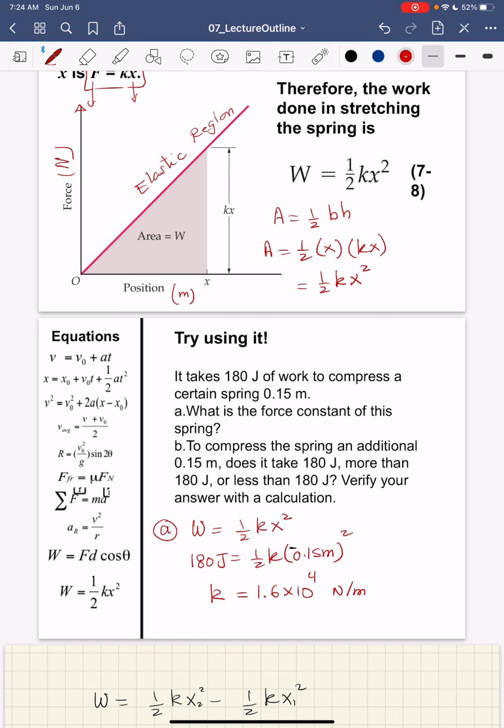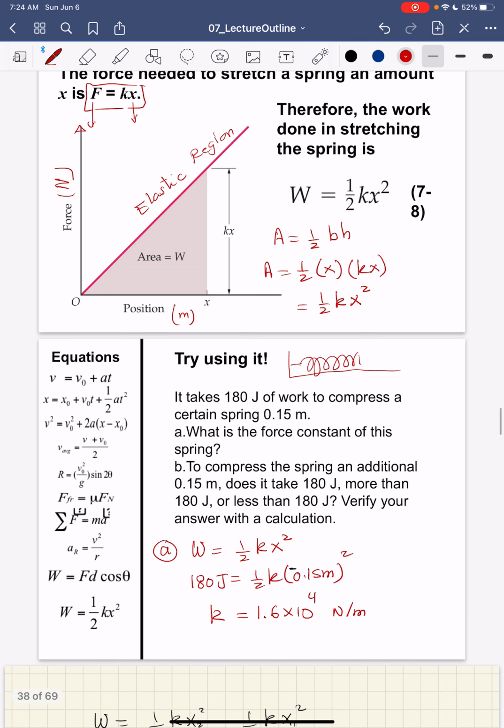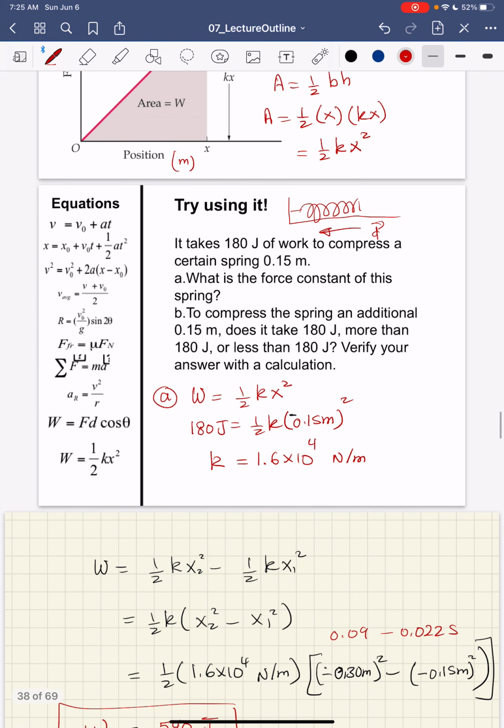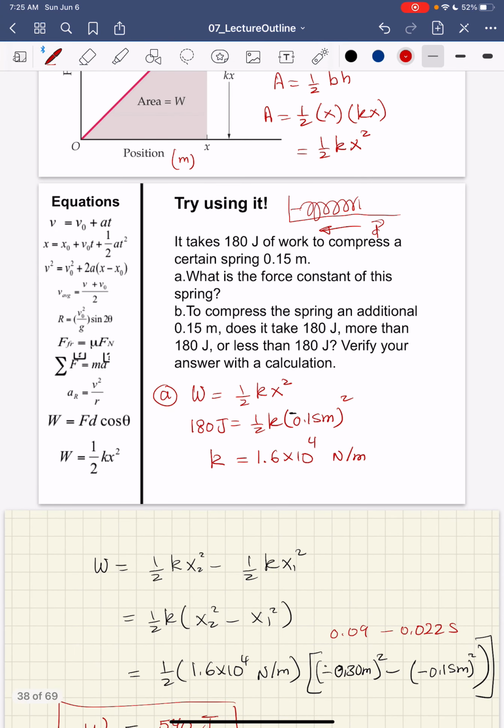Here, because it is compression, we will say compression means the displacement is going to be in this direction. And we will find k as 1.6 times 10 to the 4. Remember, k should always be a positive number.